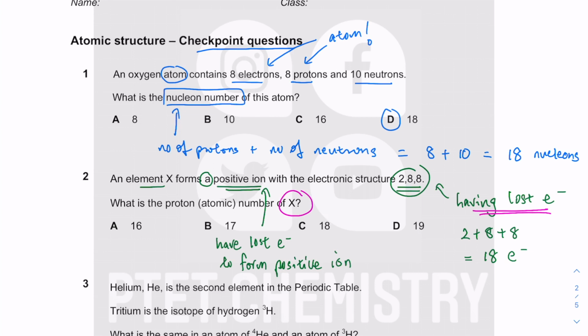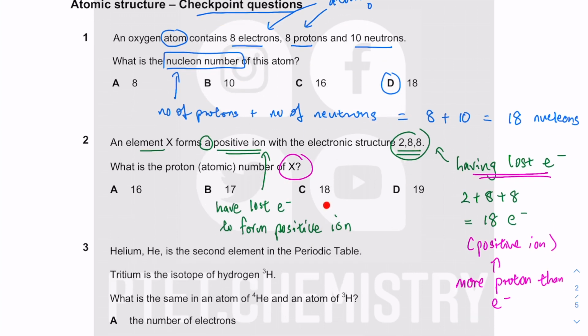If you lose electrons and you have 18 electrons now, you are a positive ion, and you are a positive ion because you have more protons than electrons. So if you have 18 electrons, you cannot have 18 protons, because that would mean no overall charge. That would mean you have an atom.